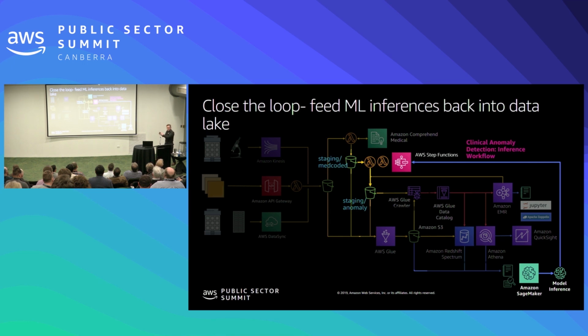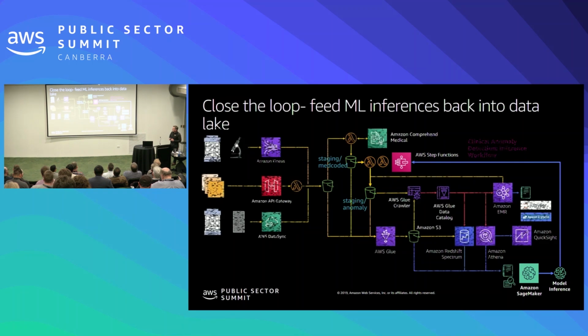And that scoring result can be fed back into the data lake. Now, once we get a little bit more elaborate, we can actually build an entire workflow around this inference chain, and we can use step functions as a way of doing that. So you can have a whole series of inferences and models being evaluated as part of our data lake.